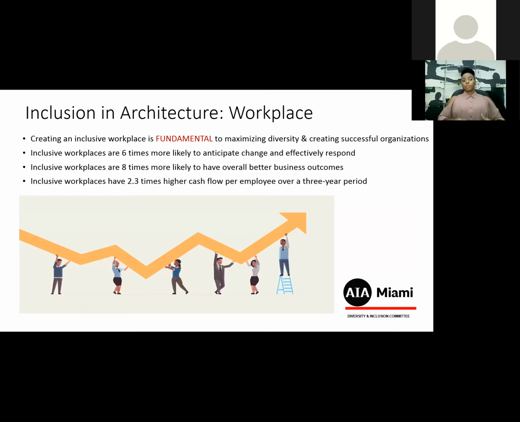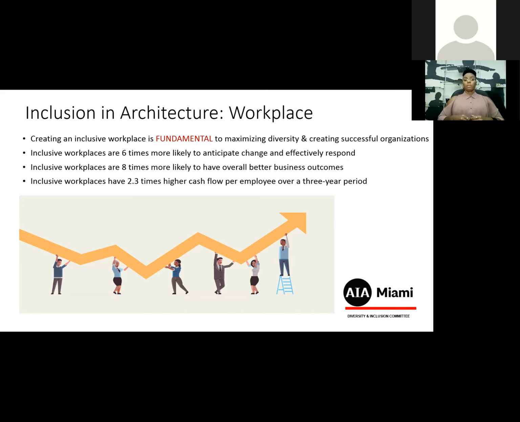Now, why should you have inclusion in your architectural workplace? Inclusion in the workplace is fundamental to creating successful ideas and diversity. So offices that are inclusive are 6 times more likely to anticipate change and effectively respond to change. They're 8 times more likely to have overall better business outcomes.